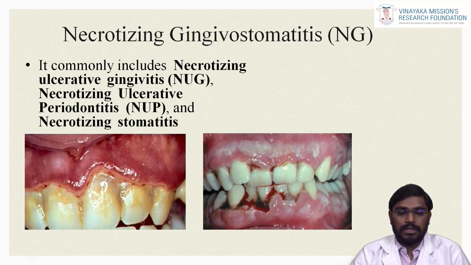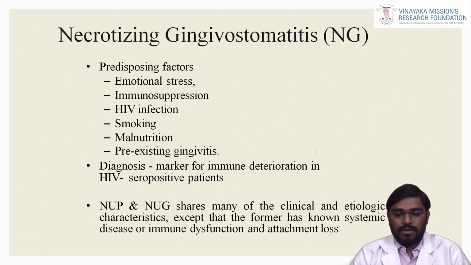The predisposing factors are emotional stress, immunosuppression, HIV infection, smoking, malnutrition, pre-existing gingivitis. Emotional stress is a main factor for necrotizing ulcerative gingivostomatitis, necrotizing ulcerative gingivitis or periodontitis.